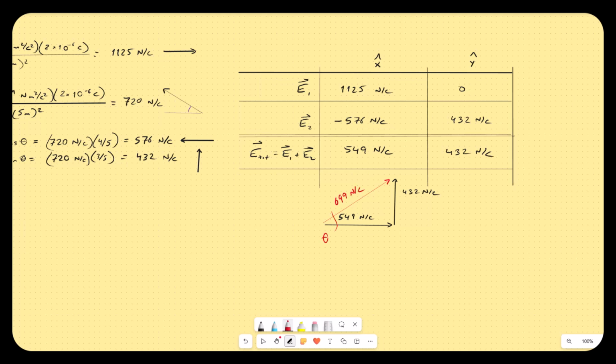And I get an angle that I can get from an inverse tangent. And there I get 38.2 degrees, which I guess would be above the positive horizontal, or maybe like north of east if we're working in that coordinate system. So that's how I add electric field vectors that are not necessarily parallel. It's the same as how I've done vector addition all along.